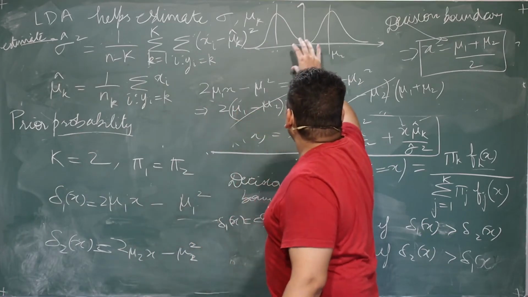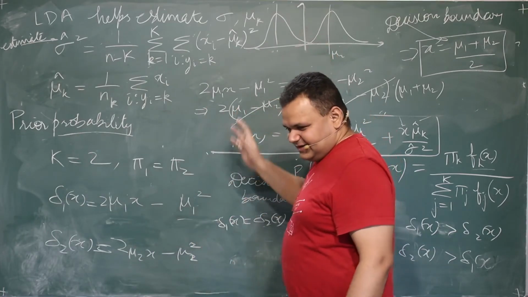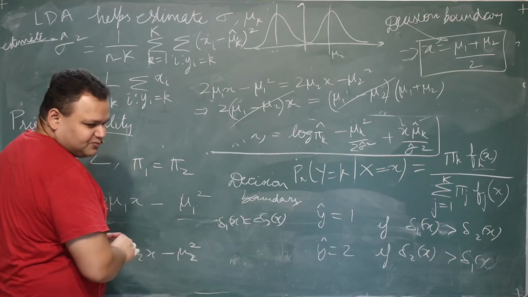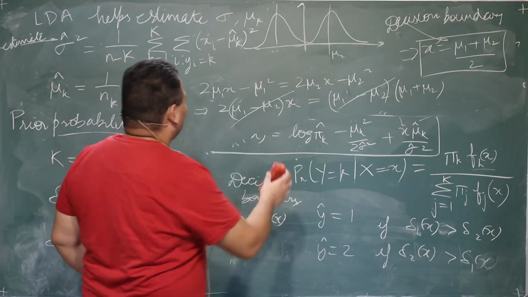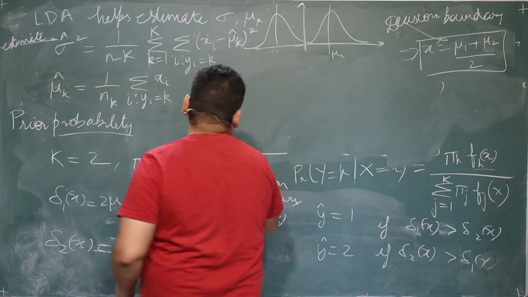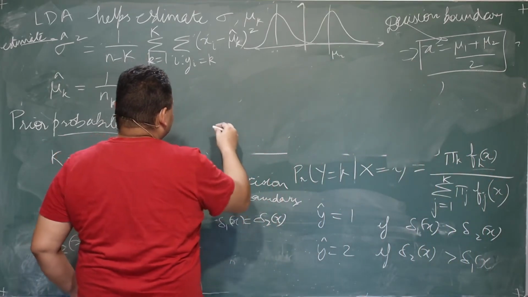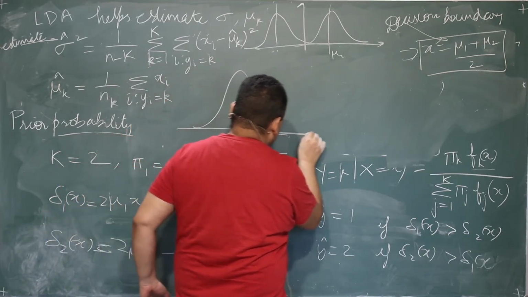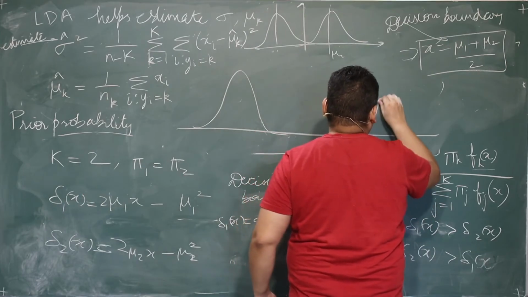Obviously, please understand that when we are talking about two normal distributions, our confidence becomes much smaller. We may define a decision boundary using this particular logic, but if our distribution looks something like this, one distribution is over here, and the other distribution is here.